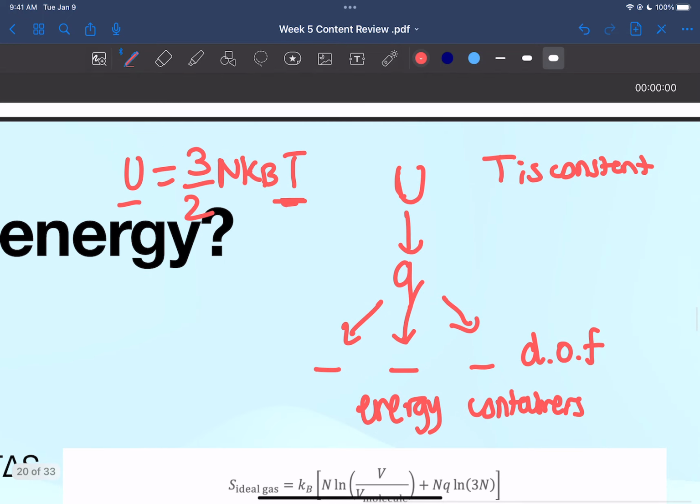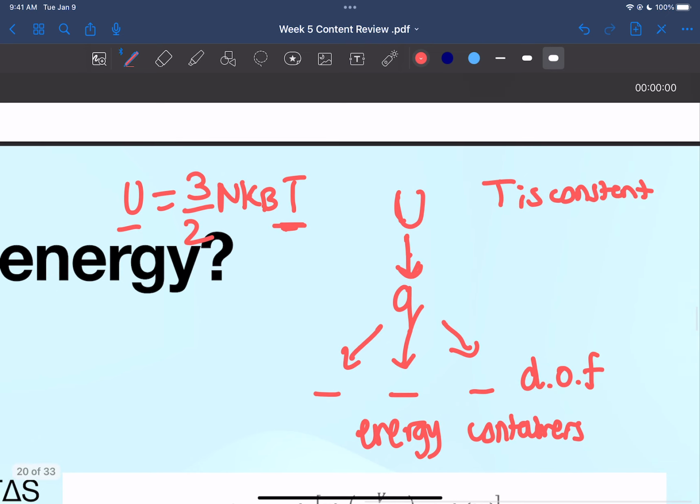And if your total internal energy is not changing, then the number of energy blocks you split it into is not changing either. So if you had 30 joules split into 6 energy blocks, and you haven't changed the temperature from like 30 to 60, then you haven't changed the number of energy blocks.